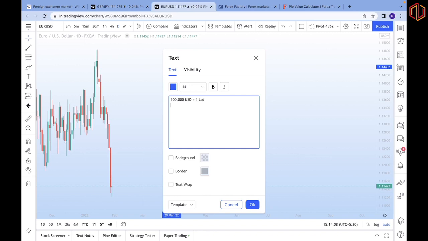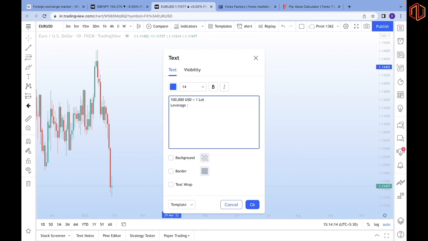Now if the leverage is 1:100, that simply means that instead of putting up 100,000 USD, for the same quantity which is worth 100,000 USD, you would have to put up 1,000 USD.